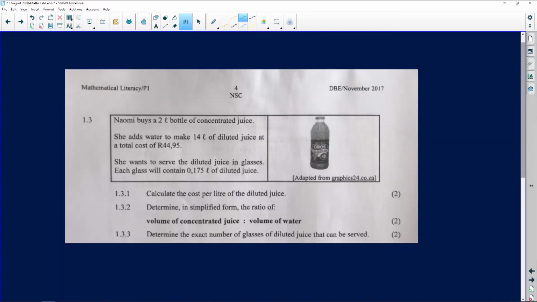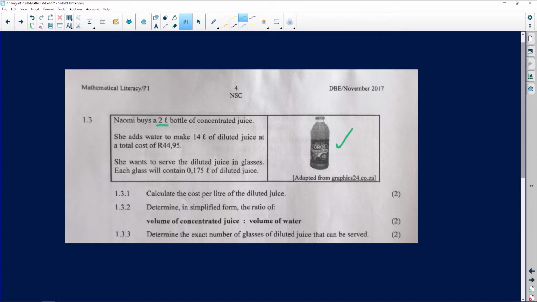So the next question that we do have is a measurement question, and let's read it. It says that Naomi buys a 2-liter bottle of concentrated juice. So we can see our little bottle over there. She adds water to make it 14 liters.